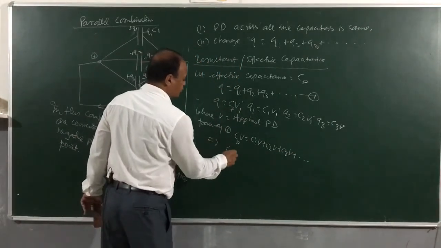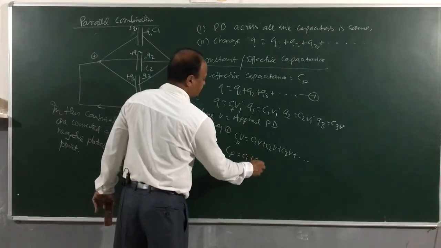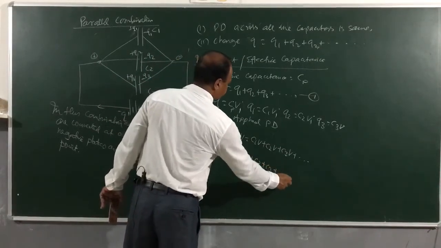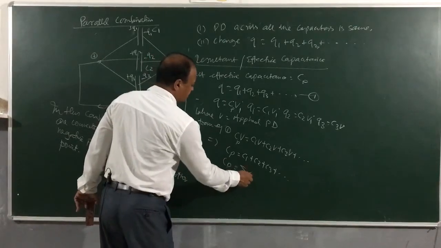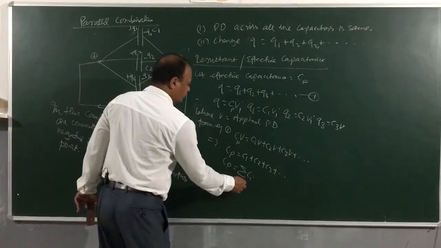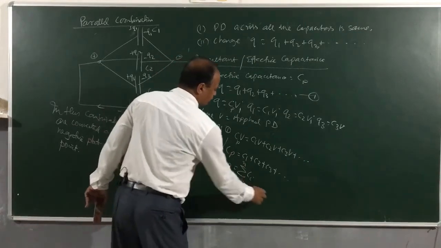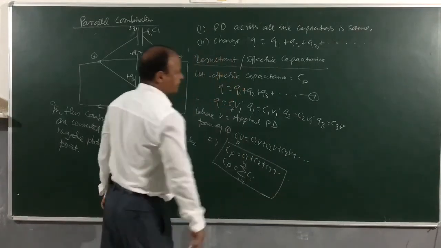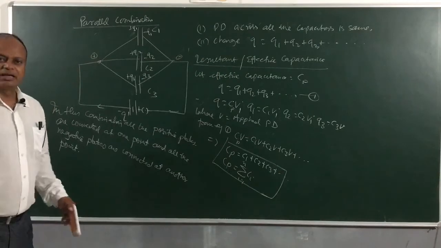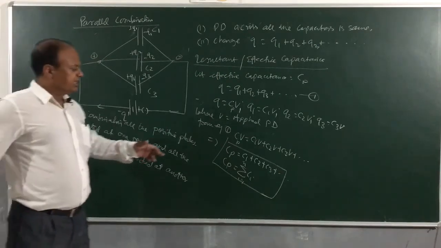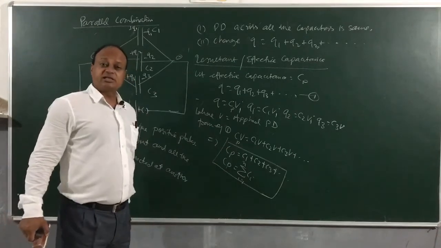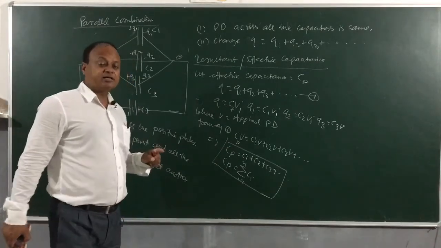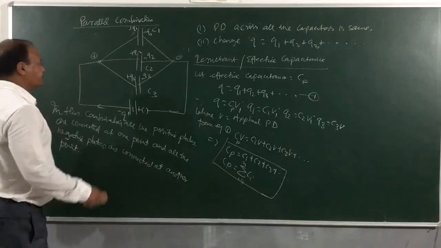Cp is equal to C1 plus C2 plus C3, or Cp is equal to sigma of Ci, i from 1 to n. So here we got a formula for the effective capacitance of parallel combination. You can see that the effective capacitance of parallel combination is like the series combination of resistances, which you have done in the electricity chapter in class 10.